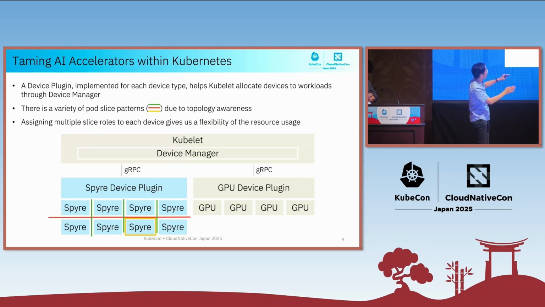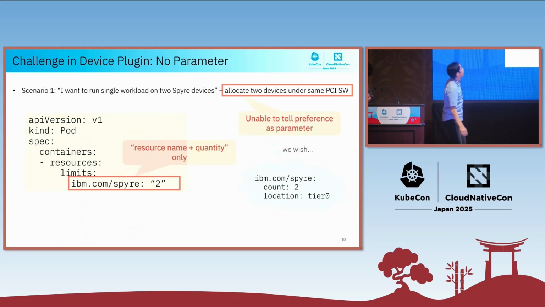So we may use these pairs or these pairs, and so on. So we want to allocate the appropriate sets of devices. As we talked about, there are several scenarios. But our challenge here is that the device plugin cannot accept any parameters as of now.